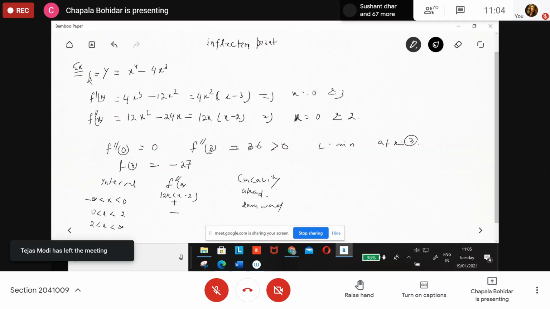Then for x greater than 2, it is positive, so it is upward. Okay, first upward, then downward, then upward. Isn't it?